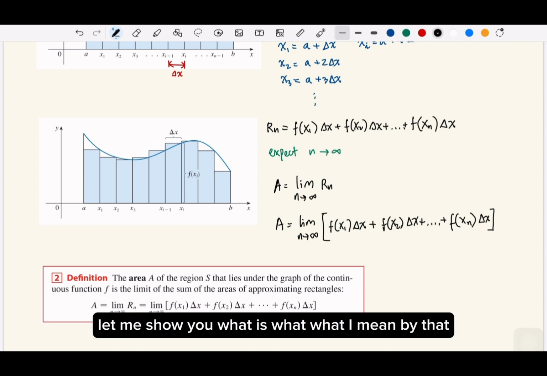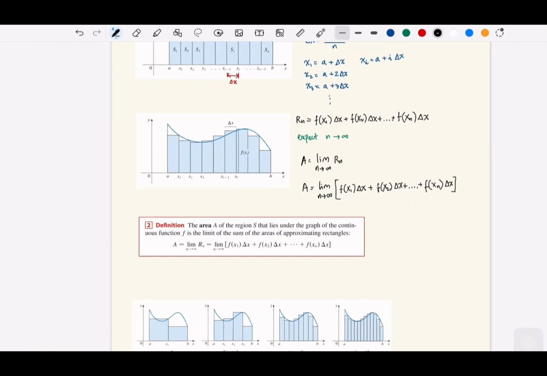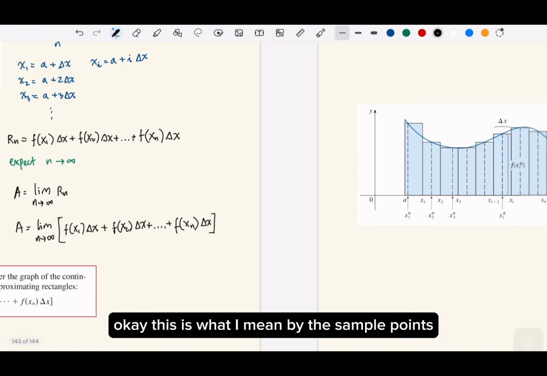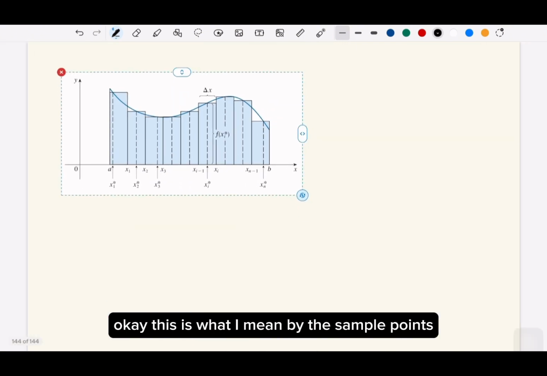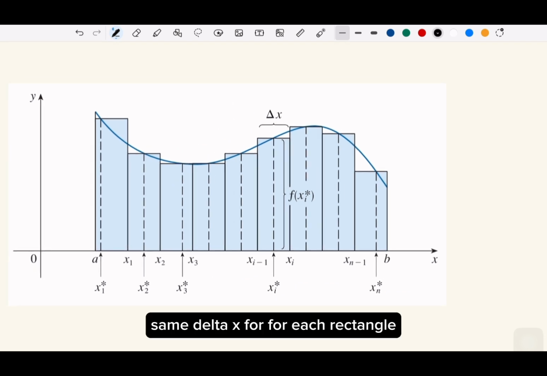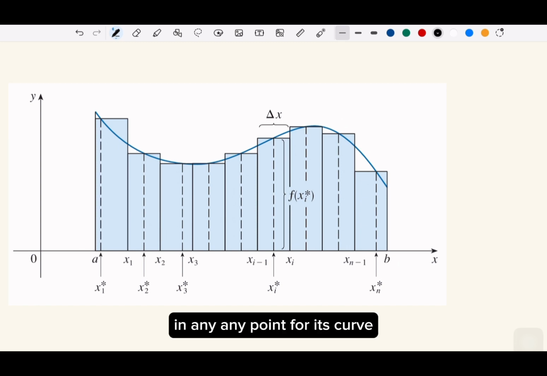Let me show you what I mean by that. Okay, this is what I mean by the sample points. So you have the same delta x for each rectangle, but the way we put the rectangle, it can be at any point for each curve.